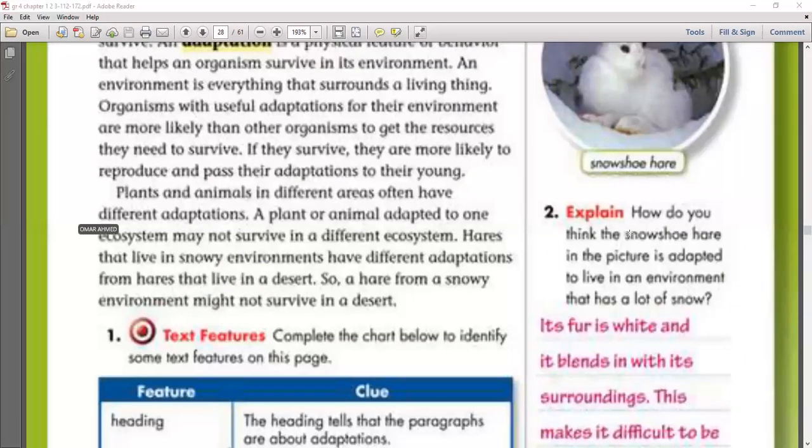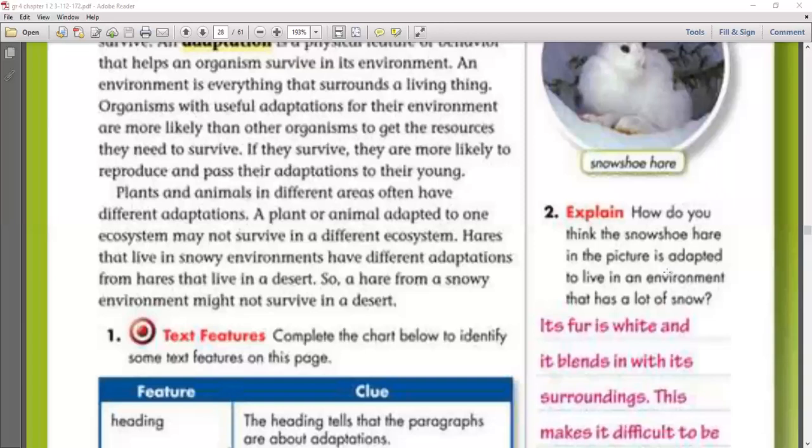Marwan, open your mic. Can you read question number 2 about this animal? How do you think the snow fox shown here in the picture is adapted to live in an environment that has a lot of snow?